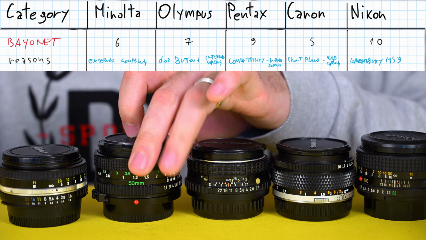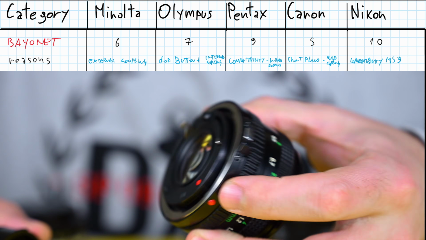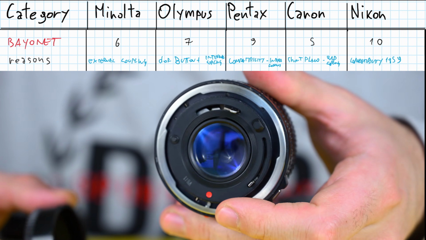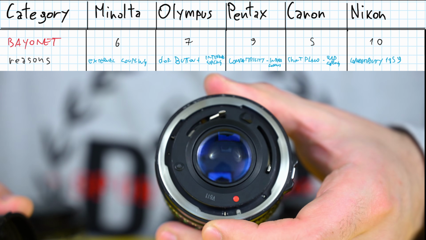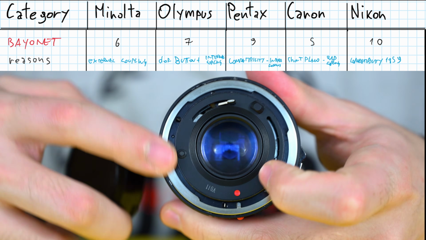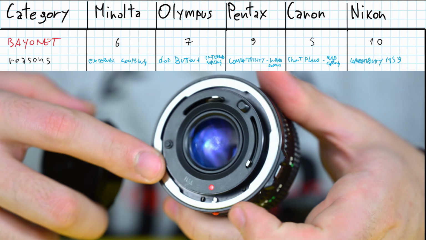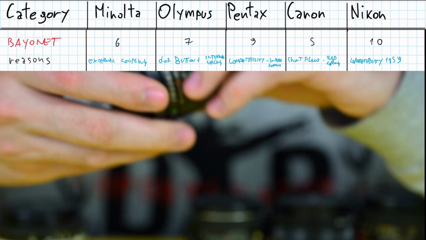Only 5 out of 10 for the Canon, which has not a lot of compatibility, has the shorter flange distance, which means you can't adapt with any vintage camera. It's really complicated, as you can see here, the coupling inside, and actually you can have more problems and it's harder to service this lens than others. A 5 for the Canon FD mount.